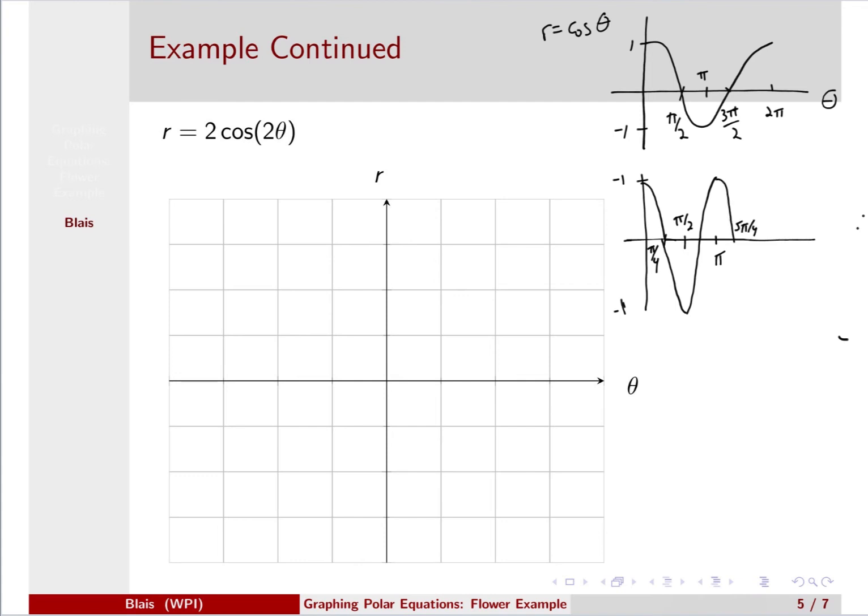We have a root at 5 pi over 4, and then at 3 pi over 2, we have it being minus 1. At 7 pi over 4, we have a root, and at 2 pi, we have it being equal to 1.